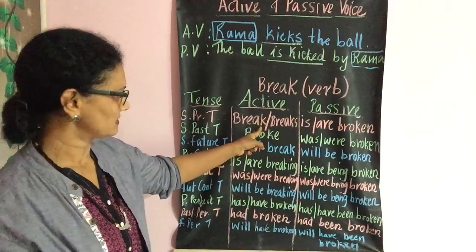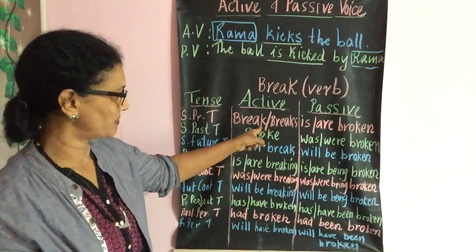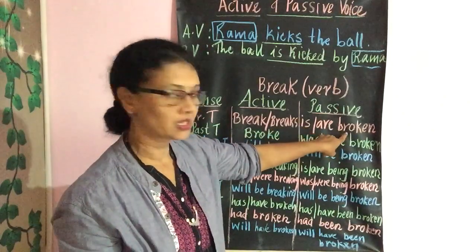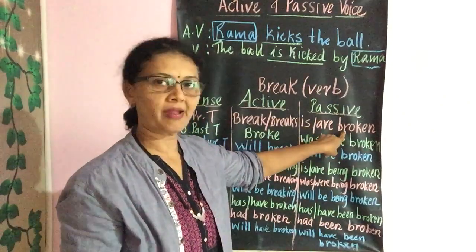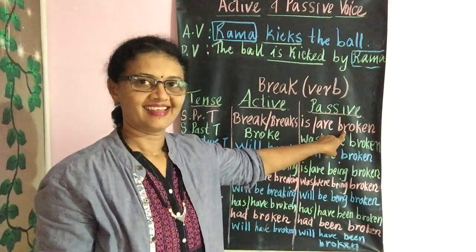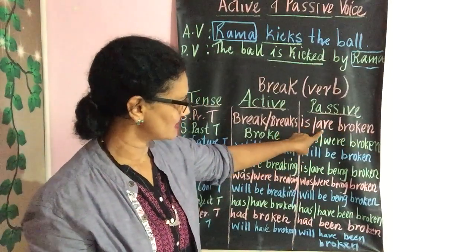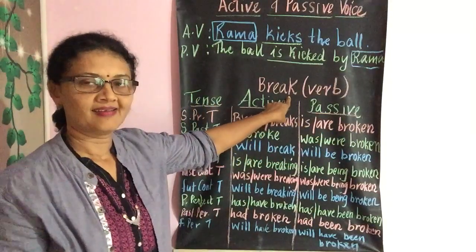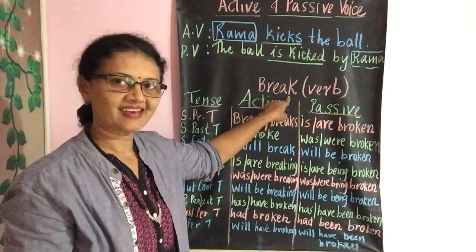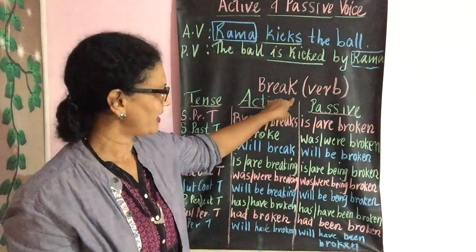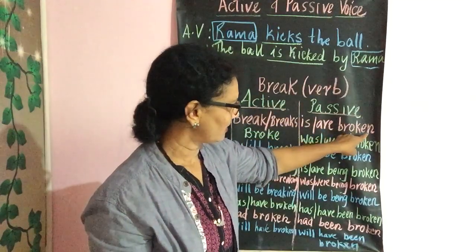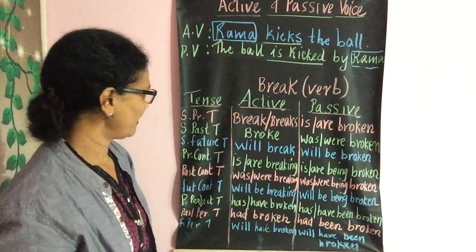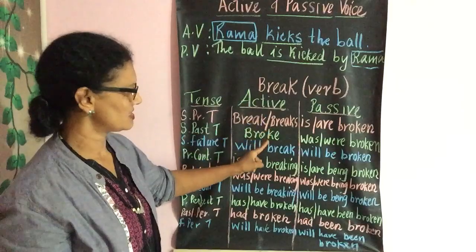Now if the verb here is break or breaks, it is going to change as is broken or are broken depending on the subject. And here you see auxiliaries are used and the past participle of the word break. As you must be knowing that break is an irregular verb and that's why it changes with EN, broken. Is it clear? Now, same way, the simple past tense of break is broke.